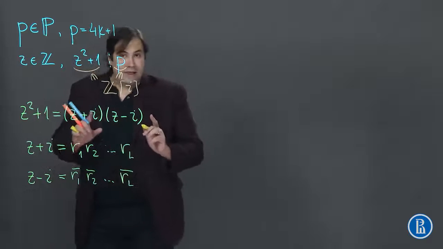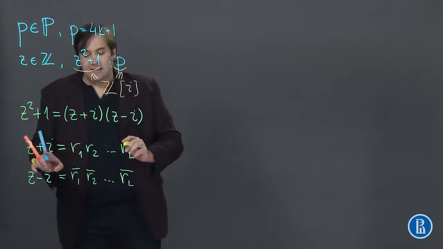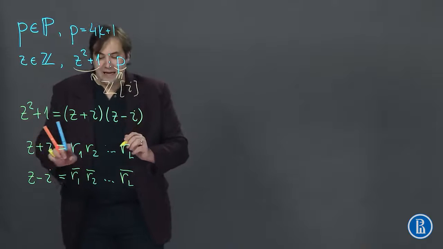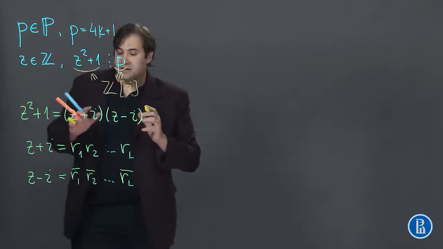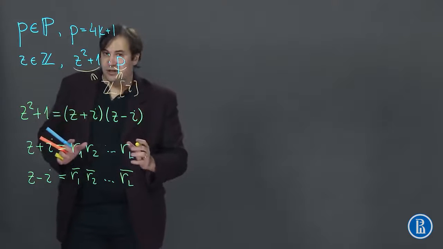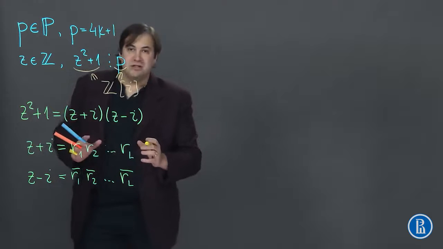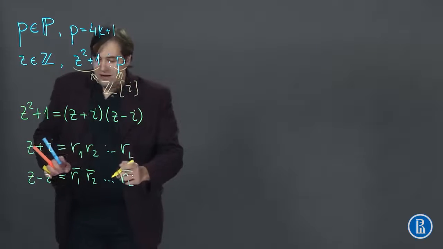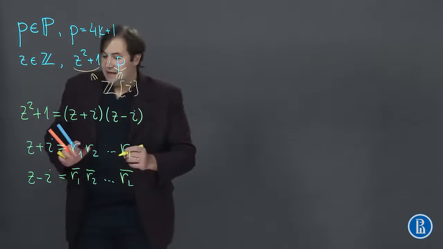And notice that the imaginary part of z plus i is equal to 1. From this it follows that none of these primes is a real integer. They all have non-zero imaginary part and also non-zero real part. The same holds for these primes, of course.